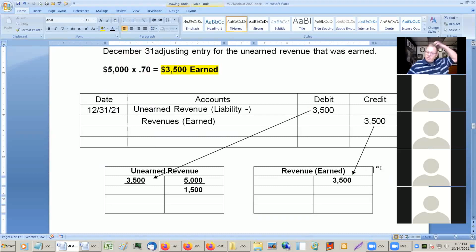So we earned 3,500 of it. We no longer owe them for 3,500, and this is our ending balance in that. So on the balance sheet, this unearned revenue shows a liability of 1,500. This revenue will show up on the income statement for 3,500.